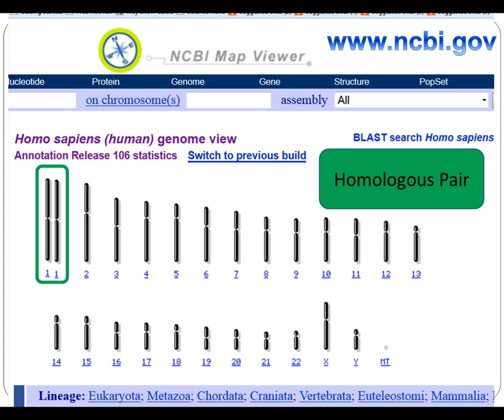They code for the same gene, but they may have different alleles. Our homologous chromosomes code for the same type of gene, same protein, but those protein sequences or gene coding sequences may be slightly different. They have different alleles, different variations.